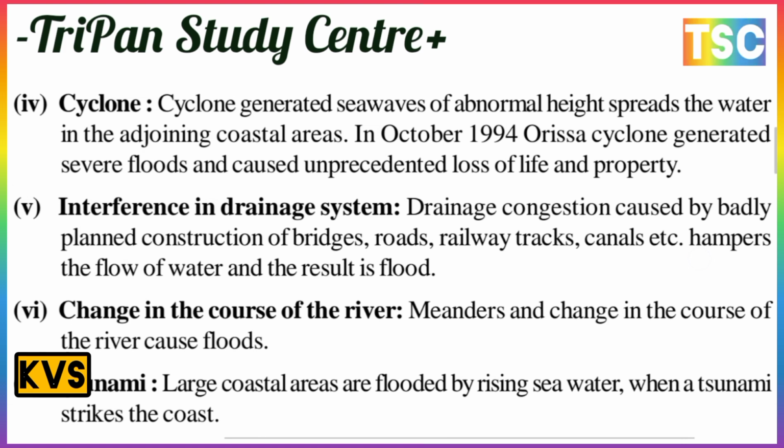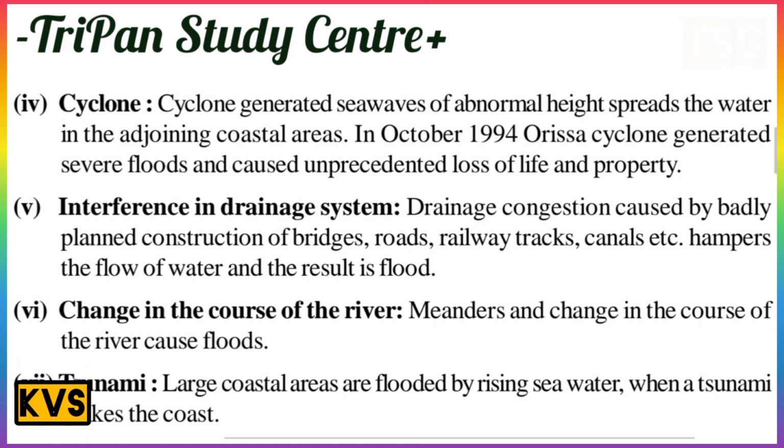And next, cyclone. Cyclone is a main reason. A cyclone generates sea waves of abnormal height that spread water into the adjoining coastal area. In October 1994, the Odisha cyclone generated a severe flood, causing unprecedented loss of life and property.